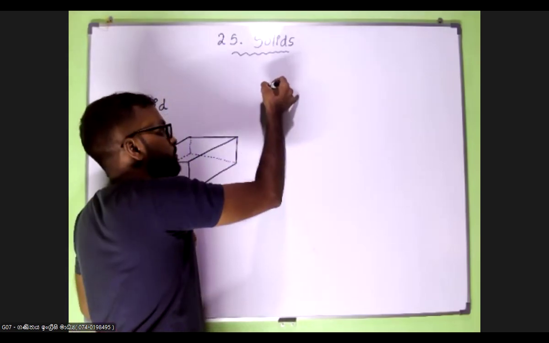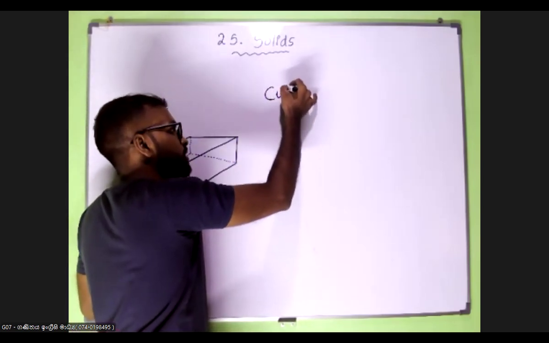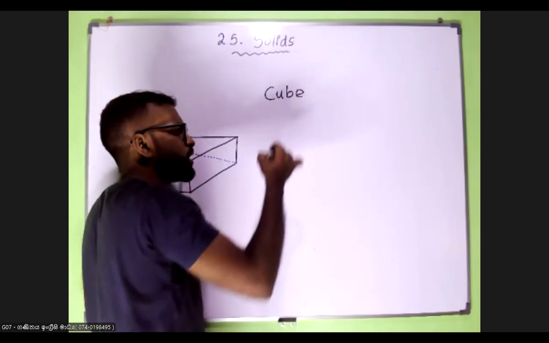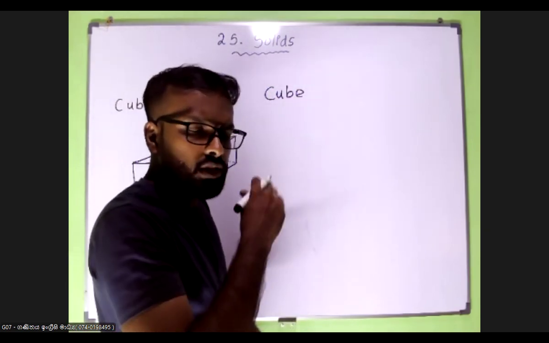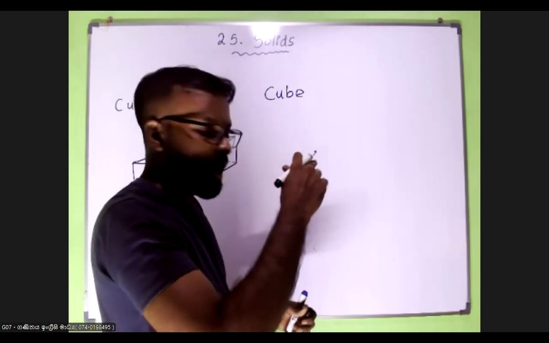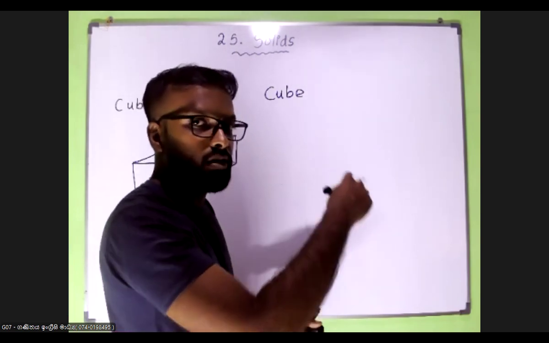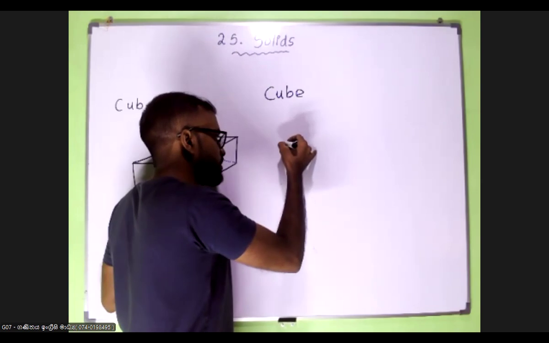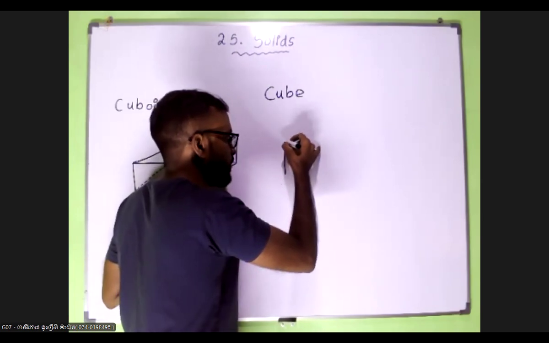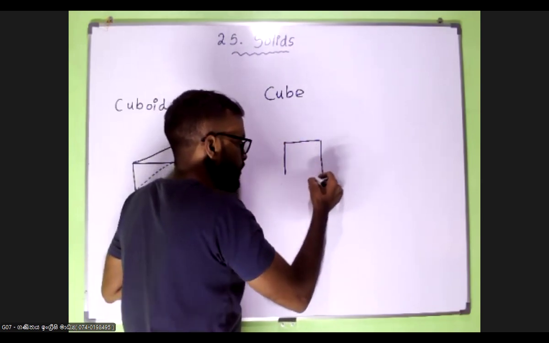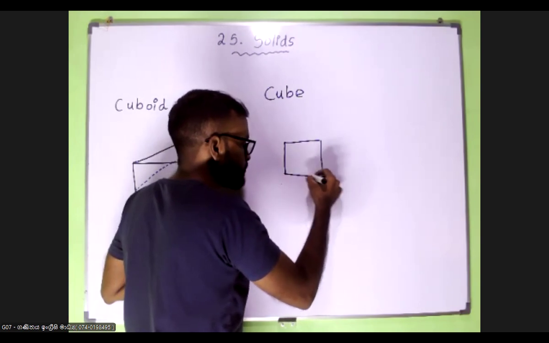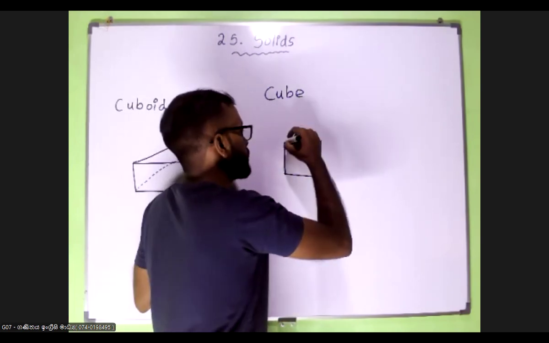So cube. What is called a cube? All the sides are in the shape of a square. So this is a square, and by using this square you can draw a cube.